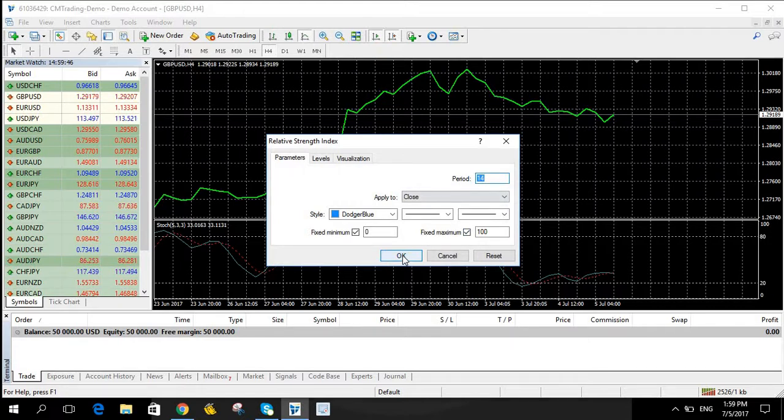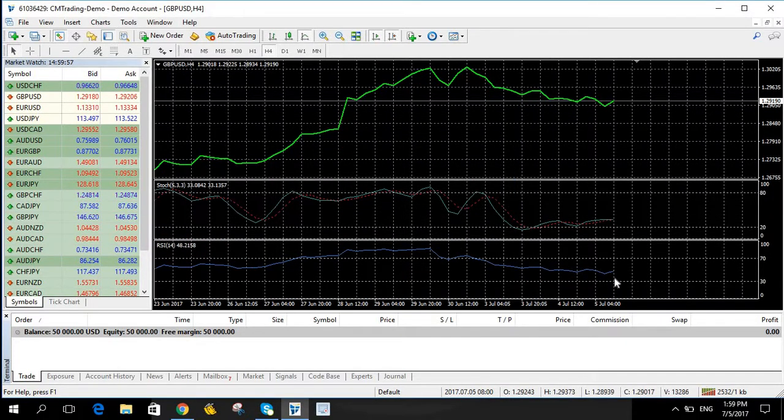We use still the default. All right, if we look at RSI, or relative strength index, you will find out that it's in a sell zone because it's below 50.